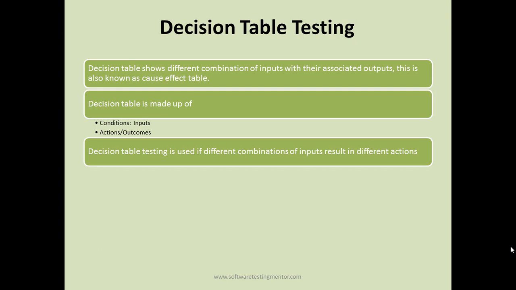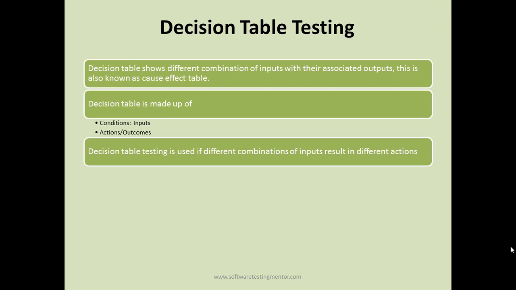Decision table testing is used if different combinations of inputs result in different actions. So if different combinations of inputs result in different actions, then you use decision table testing in such situations. For example, say you have a mortgage calculator in which you enter the amount, the tenure, and the rate of interest.